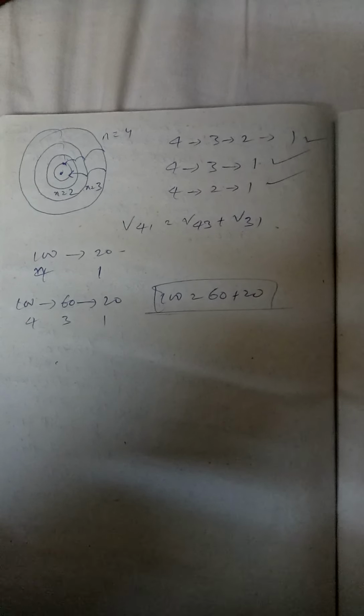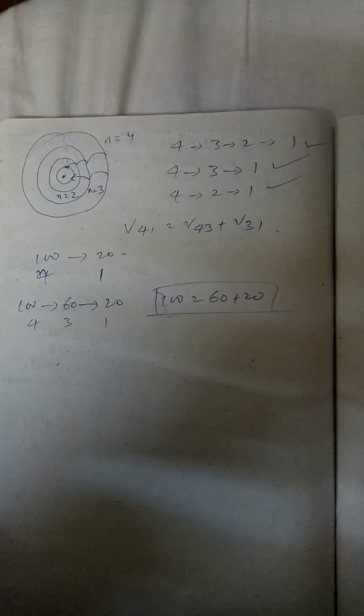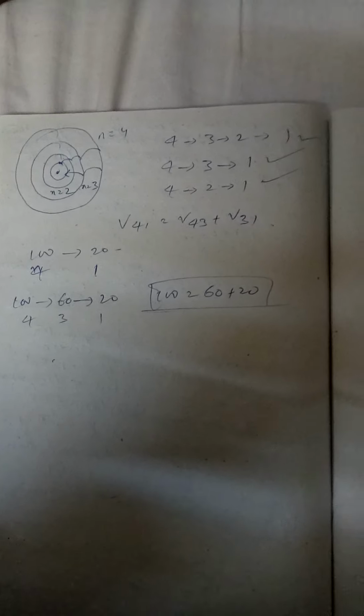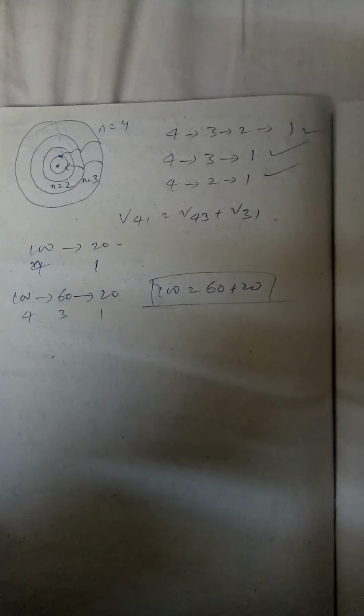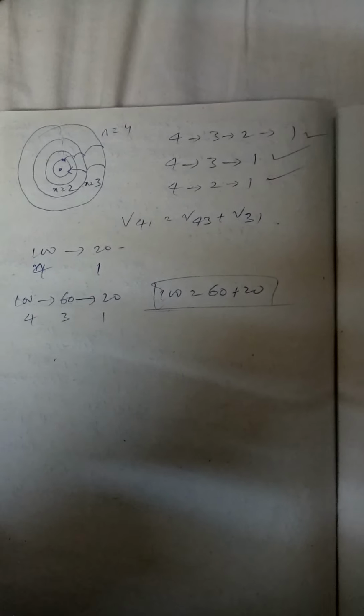Or it can go 4 to 3 and 3 to 1. Yes, it can go. In the second way, the second orbit is skipped. Look at the third one, 4 to 2, 2 to 1. Here the third orbit is skipped. In the question actually the 4-3-1 combination is used.